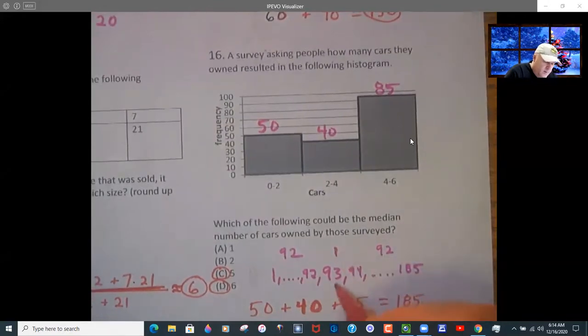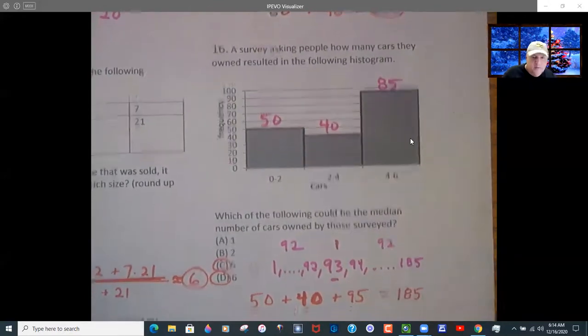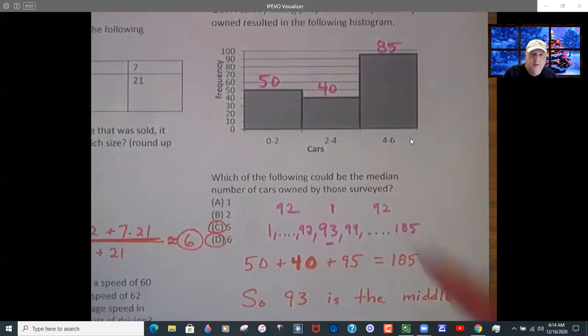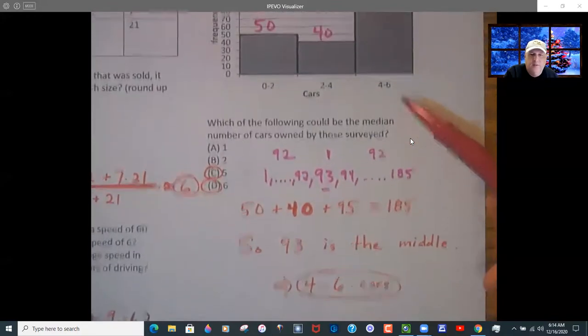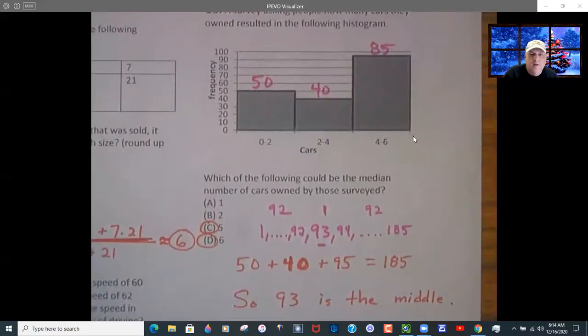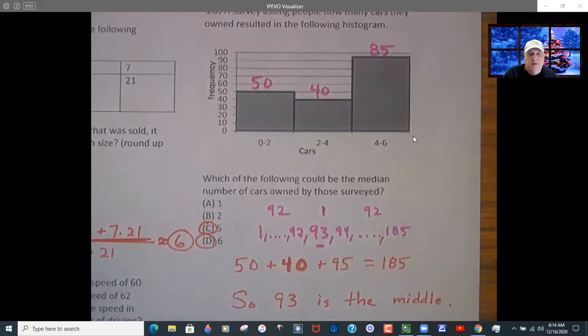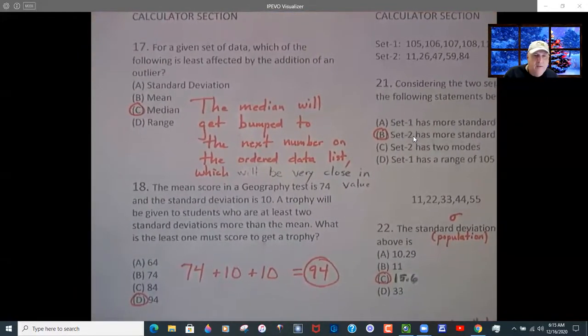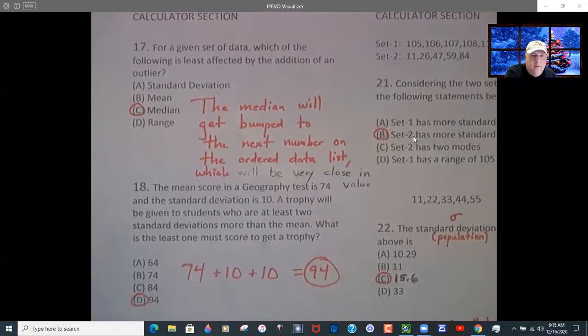That's in the 93rd position. So we have to go to the 93rd position, which puts us in the 4 to the 6 car category there. So finding the middle of a data set is quite important when you want to find the median. Sometimes you need to really work at it.